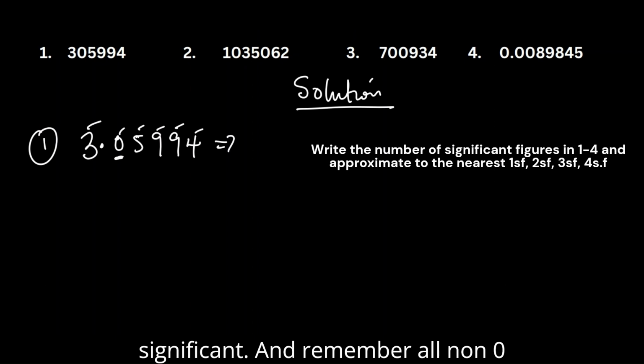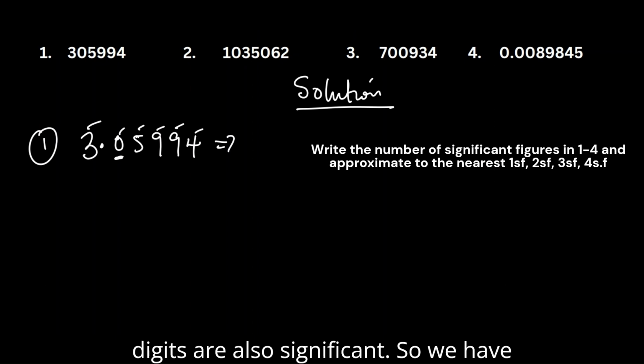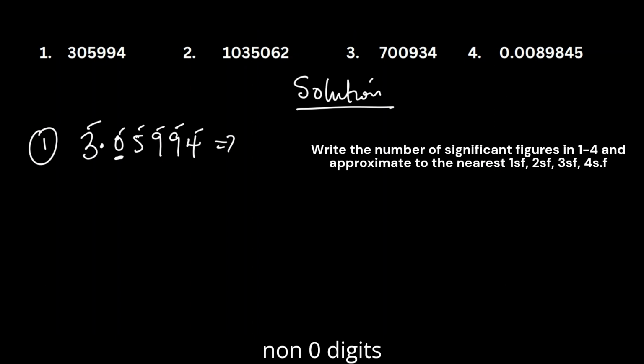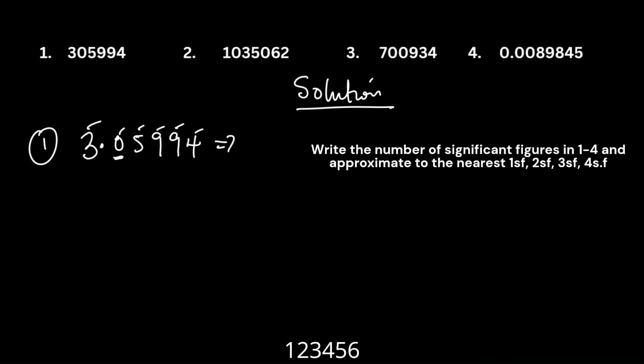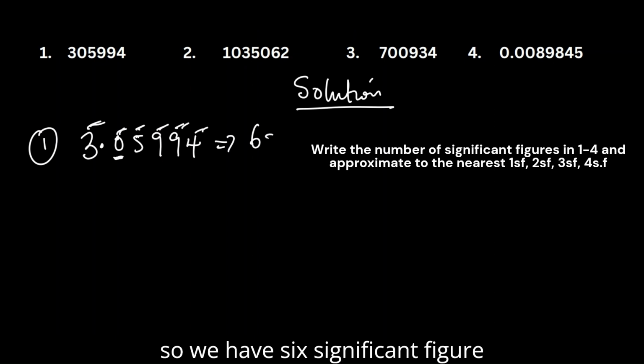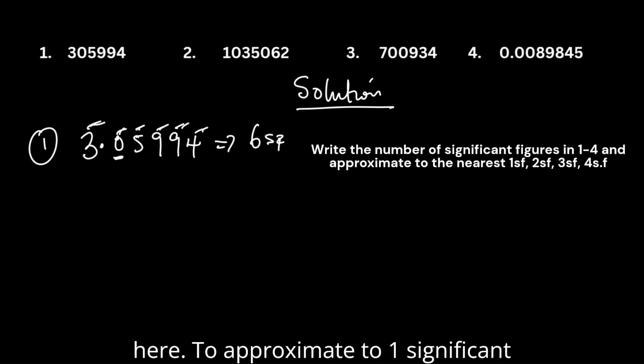And remember, all non-zero digits are also significant. So we have non-zero digits 3, 5, 9, 9, 4. They are significant plus this captive zero. Altogether, we have 1, 2, 3, 4, 5, 6. So we have 6 significant figures here.